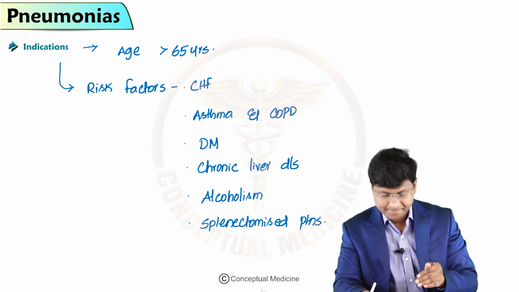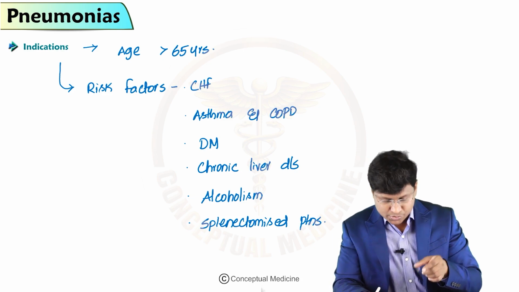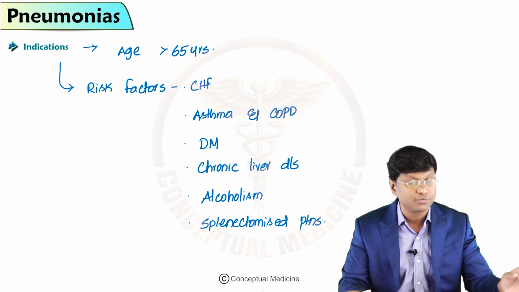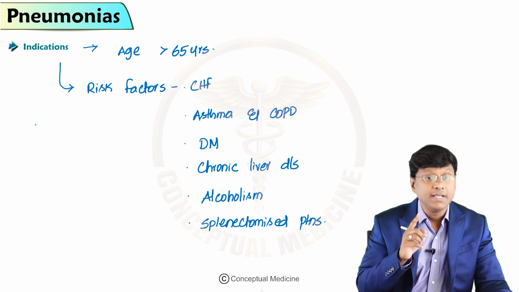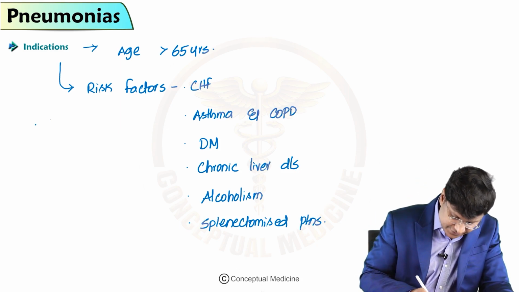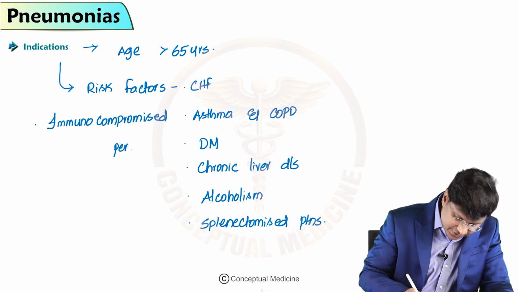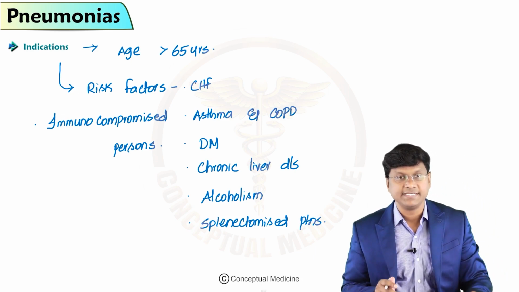So you have to know that in patients with sickle cell anemia, there will be autosplenectomy. So splenectomized patients, including patients with sickle cell anemia, you have to give this pneumococcal vaccine, right? And immunocompromised persons. So these are the groups of individuals in whom you have to give the pneumococcal vaccine.